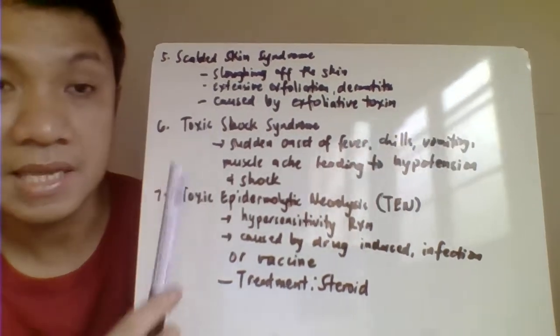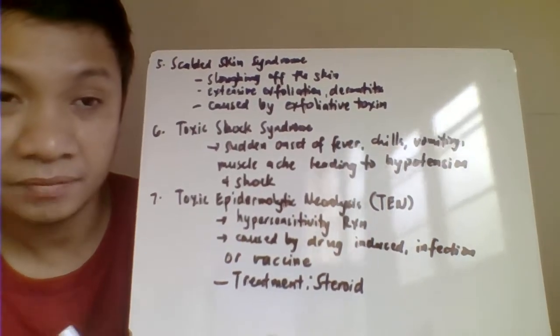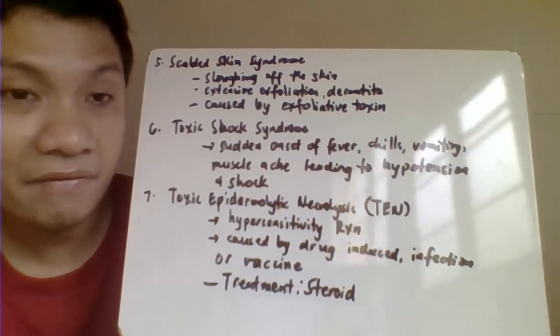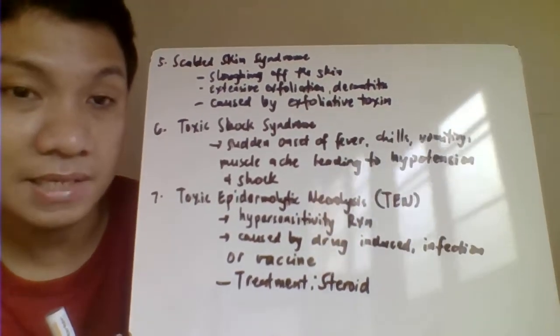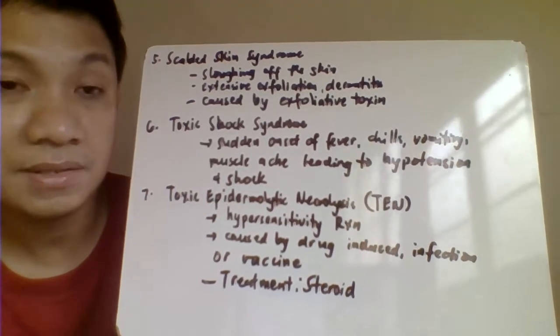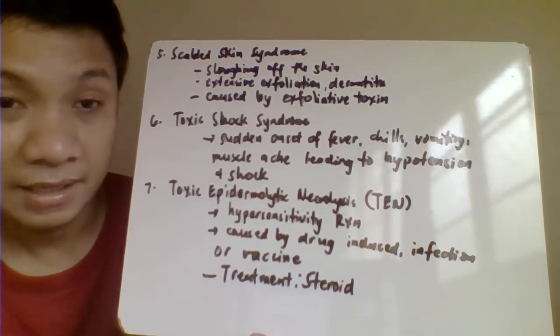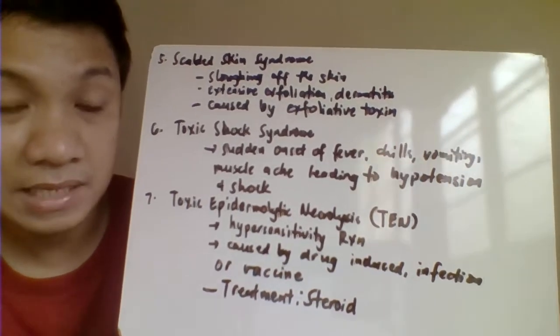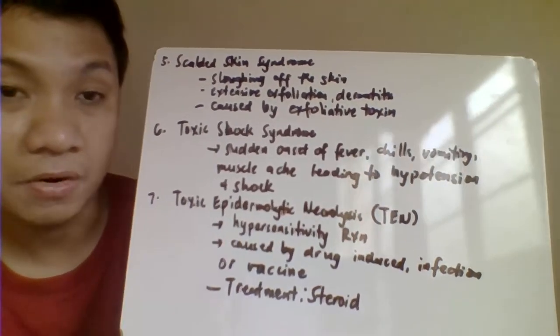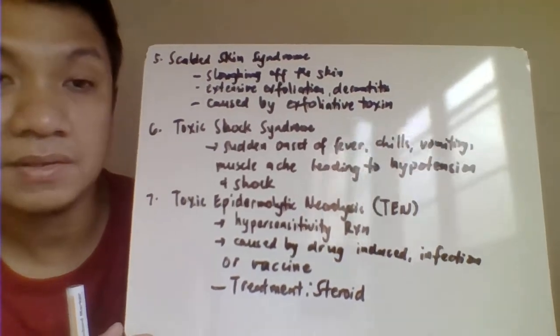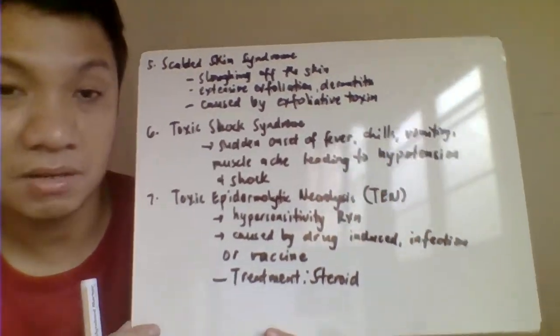But scalded skin is not treated with steroids. It will actually aggravate the condition of your scalded skin if the patient is given steroids. So you should differentiate, and if it is scalded skin, you should not give steroids. But if it is toxic epidermal necrolysis, then you give steroids as the treatment of choice.